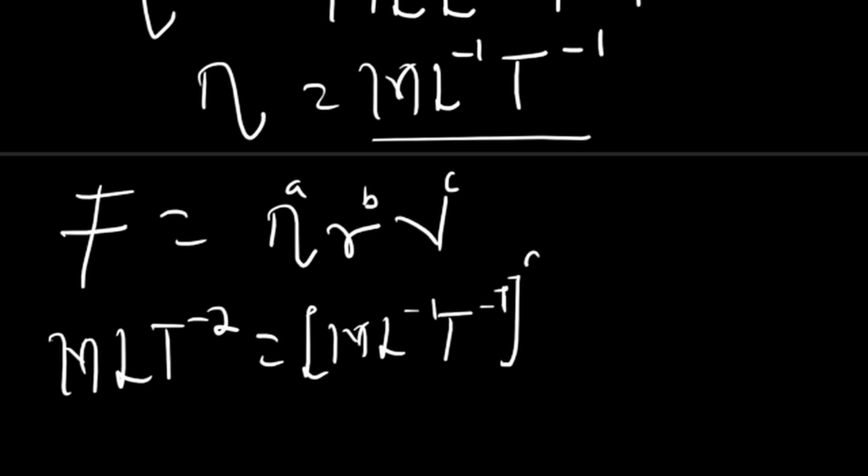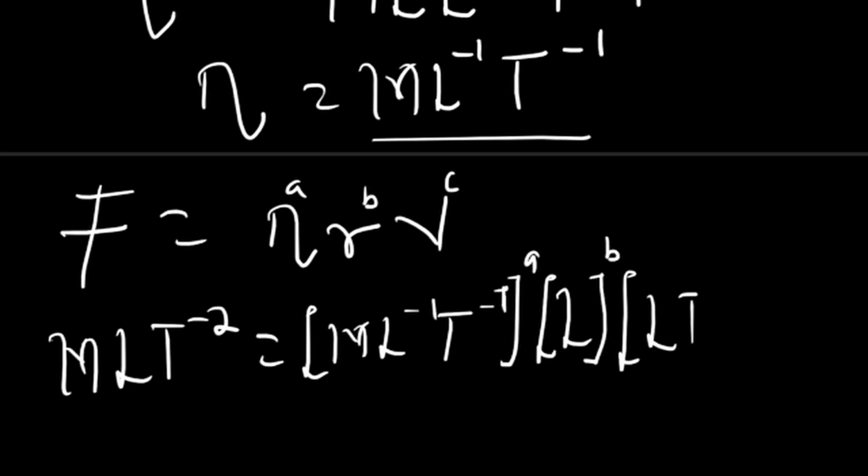Okay? You can close it and raise it to the power of a. The next one there is a radius, and the dimension for radius is just L, and this is raised to the power of b. And then finally, we have our velocity, and the dimension for velocity is giving us L T minus 1, and this is raised to the power of c.